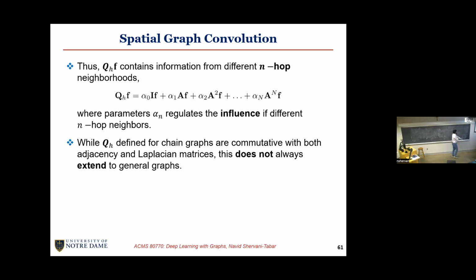The reason we wrote it this way was that if we want this to be commutative with respect to the shift operation and the difference operation, we can write it as a polynomial function of the adjacency matrix of the circulant graph. But when we extend this to general graphs, this statement is not necessarily true.